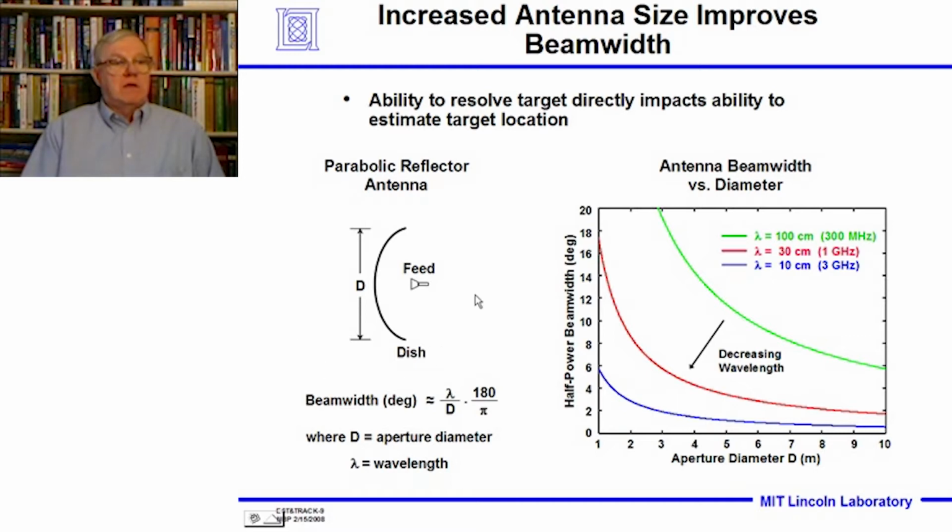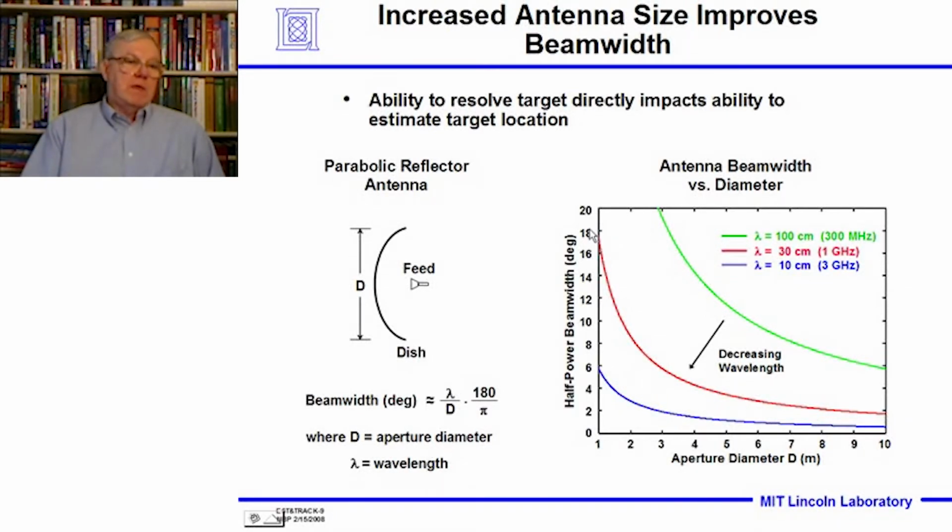If you think back to the antenna lecture, if we have a parabolic dish reflector, here's the feed. The beam width is proportional to the wavelength, approximately equal to the wavelength divided by the diameter of the antenna, its aperture, and the beam width in degrees is this quantity times 180 divided by pi.